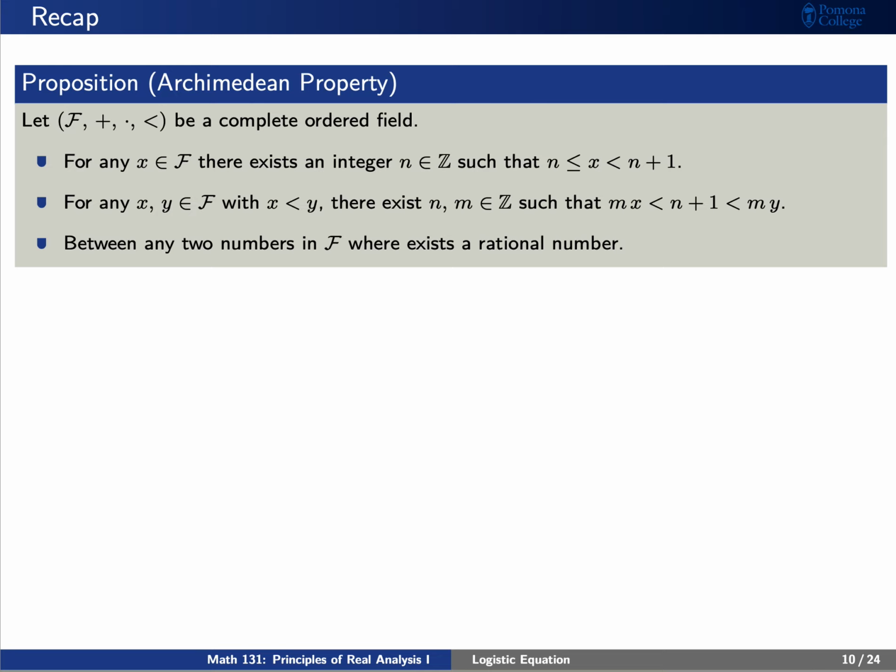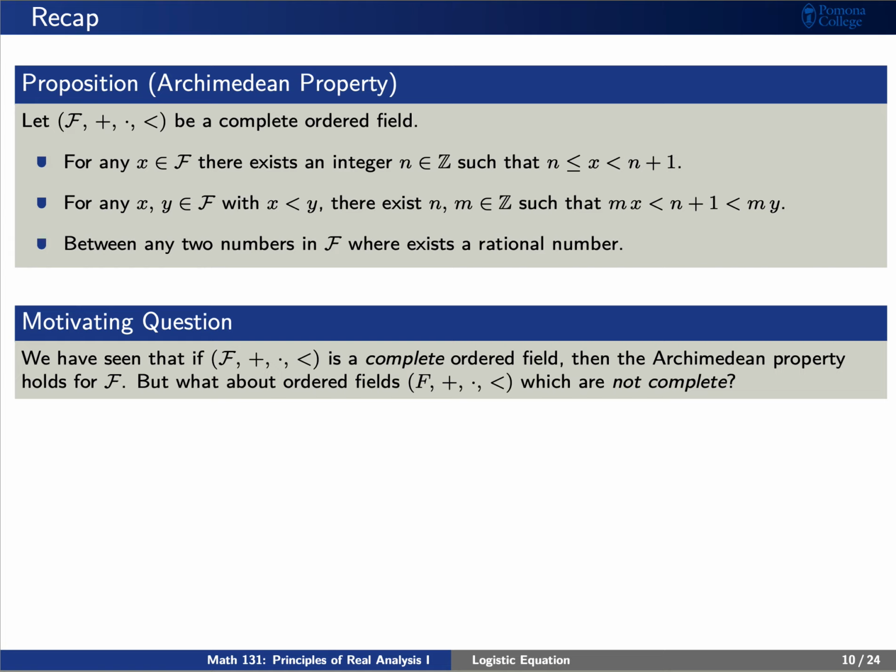Intuitively, we'll think of this integer n as the floor of x, that is, the greatest integer less than or equal to x. Given any two elements x and y, where x is less than y, there exist integers m and n such that m times x is less than n plus 1 is less than m times y. Finally, between any two numbers in our complete ordered field F, there exists a rational number.